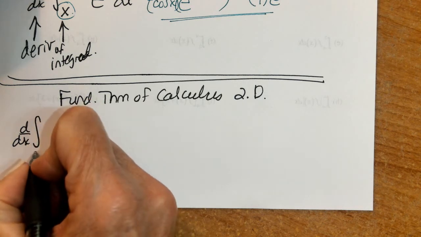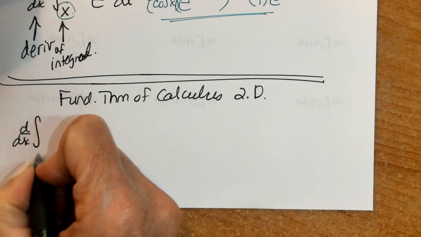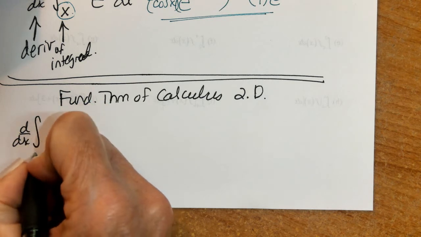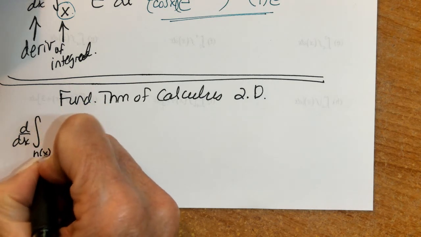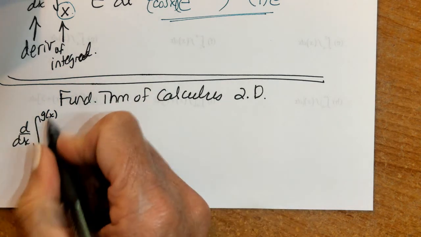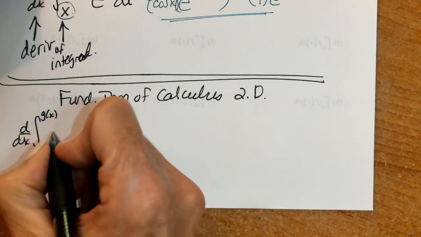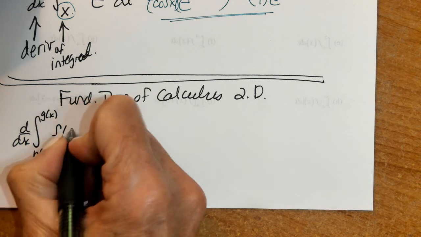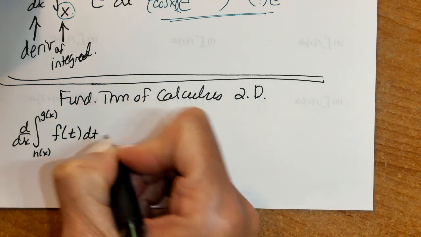I'm going to make these boundaries each have the possibility of being a function of x. So I'm going to go from h of x to g of x. So you can have x's here. The inside function will be some other letter like t.